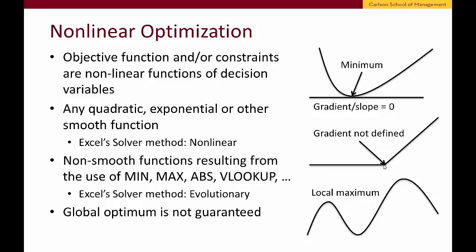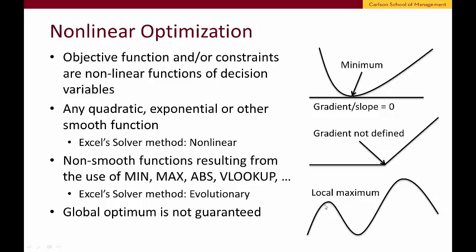Finally, in both cases, with either smooth or non-smooth nonlinear relationships, the optimal solution that either the GRG or evolutionary solver finds cannot be guaranteed to be a true global optimum. This is why we use the GRG multi-start option, if applicable, to search the feasible solution space from different starting points in an effort to avoid getting stuck in a local optimum like this here.